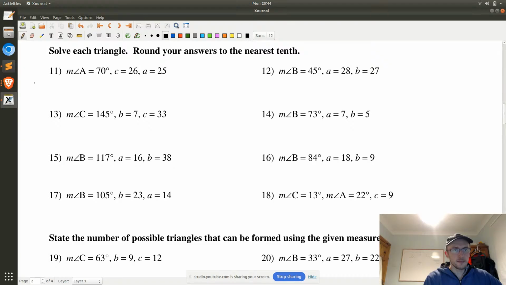Okay, so angle C will be the arc sine of 26 sine 70 all over 25, which is about 77.8.